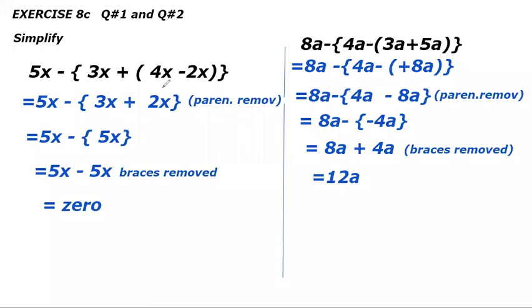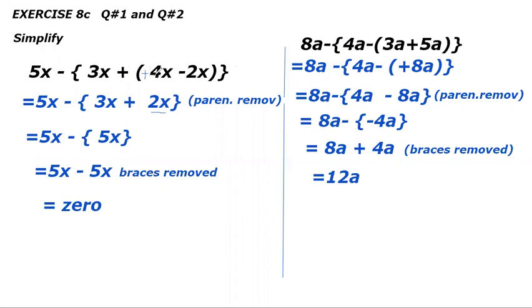So 4x and 2x gives us 2x. How it gives us 2x, I will tell you. 4x means positive 4x. You can see there is no symbol with 4x. This positive sign is outside the parenthesis. 4x has a positive symbol.